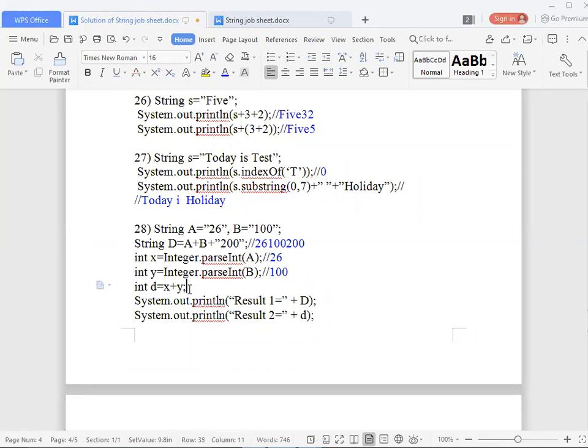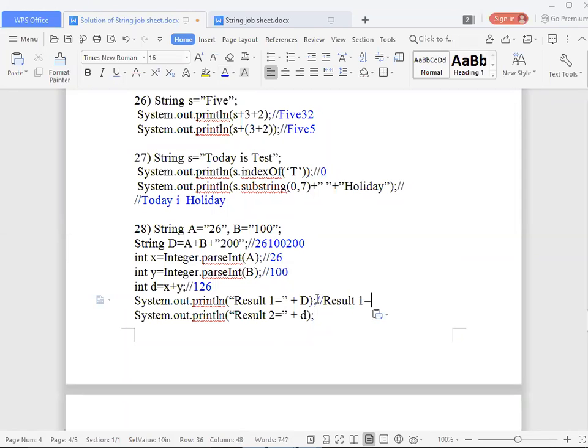Okay, but here x is integer 26, y is integer 100. So here it will be converted into 26 plus 100. It is 126. Now the result. See, in the system.out.println, this text is written, so that is also going to be displayed. If you are giving only the values of small d or capital D, then it will be a wrong answer.